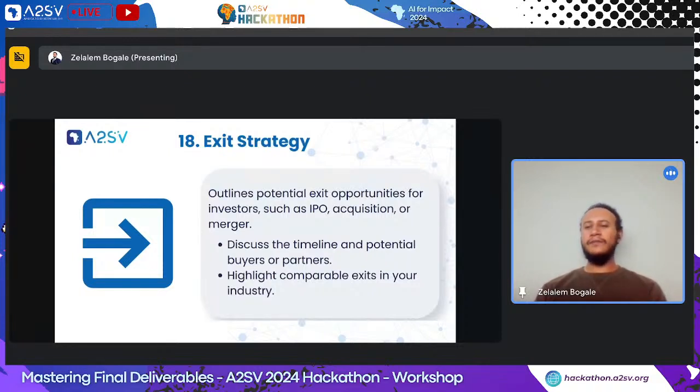So, for example, let's take a look at the first one, which is the IPO or the initial public offering. So, an IPO involves taking a company public by listing its shares on a stock exchange. So, especially in Ethiopia, this will be a thing now because we have our stock exchange market set up, and it will be running soon.